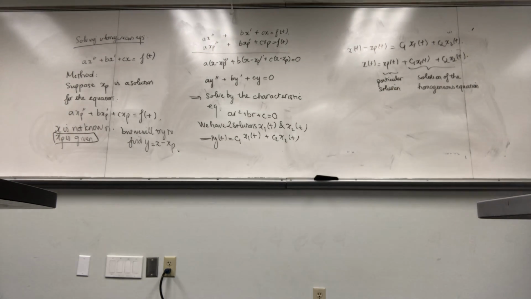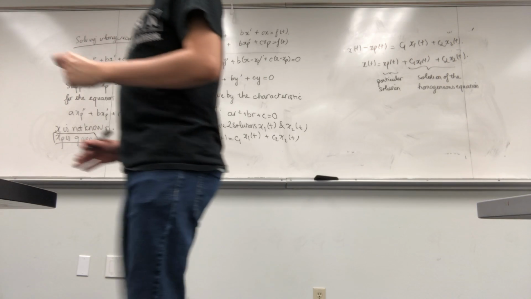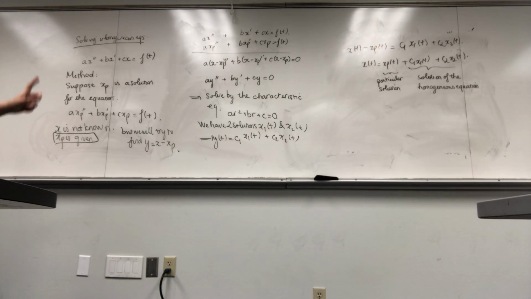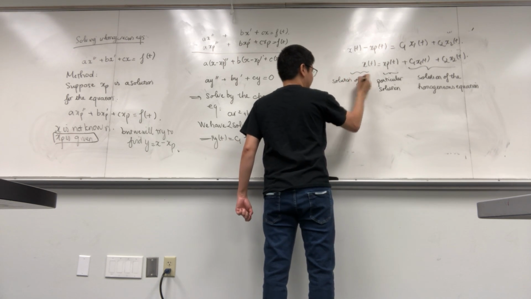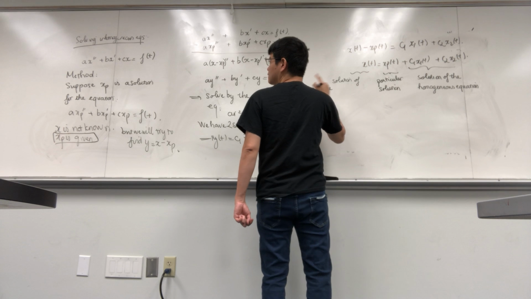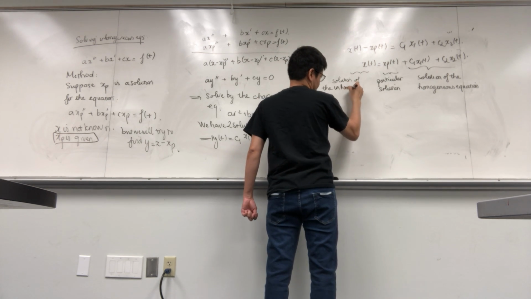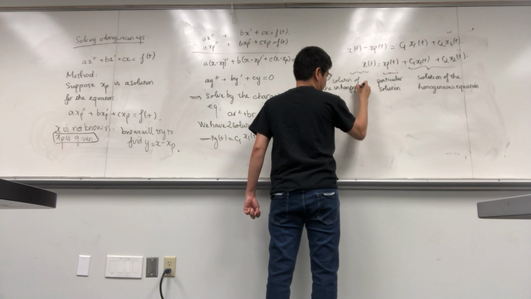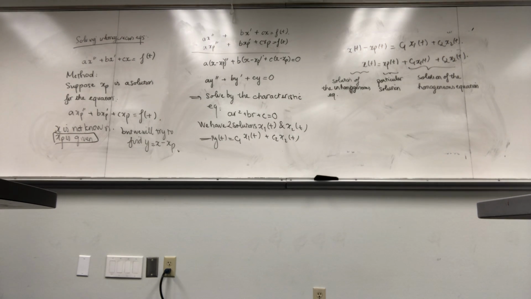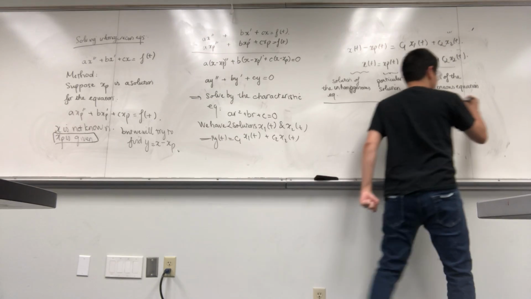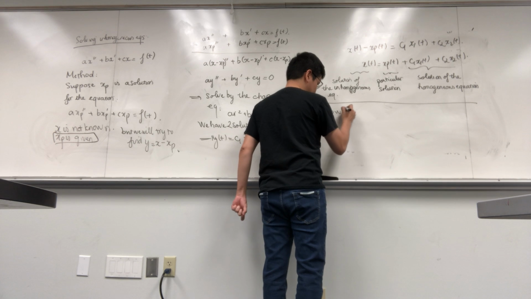Basically, the solution of the inhomogeneous equation will be the sum of a particular solution and the solution of the homogeneous equation. Right? Is it clear?